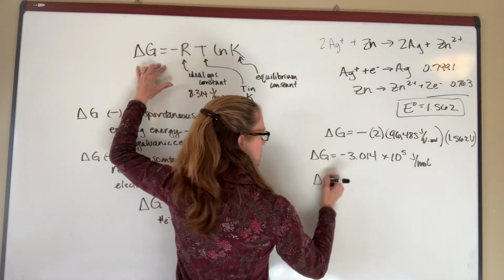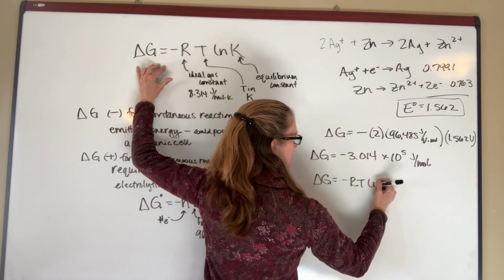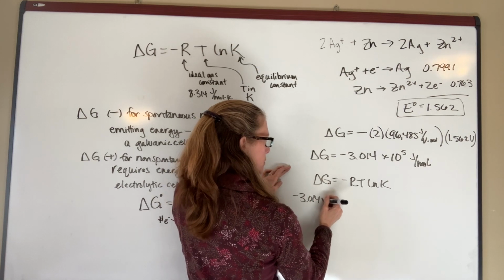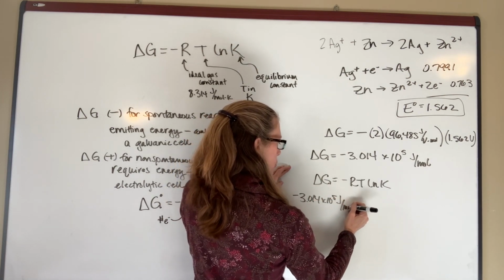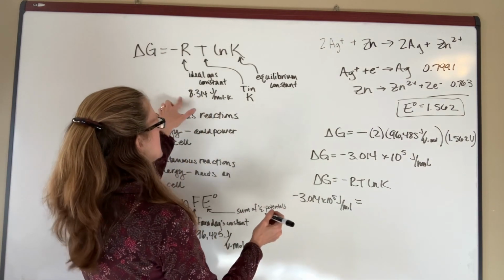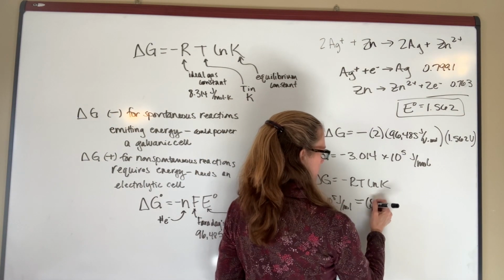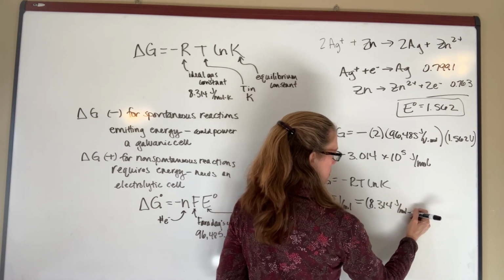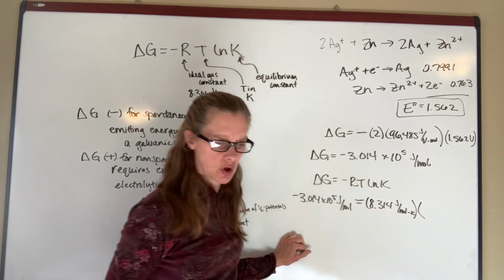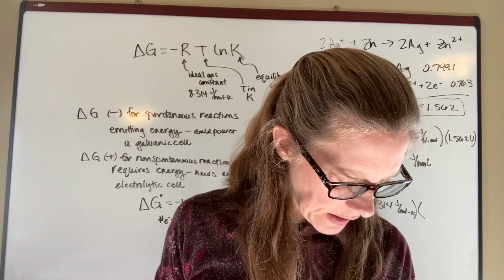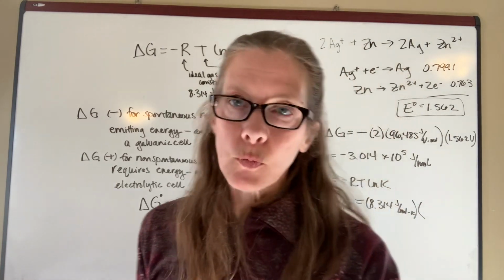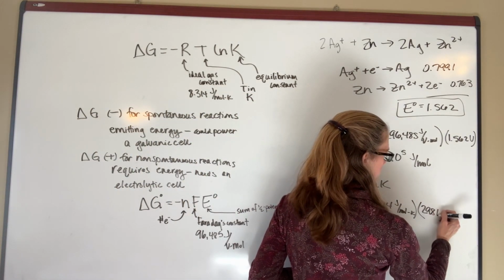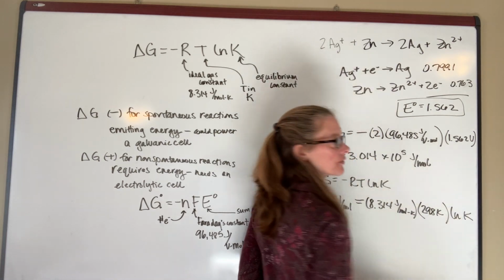So if I have delta G equals negative RT natural log of K, negative 3.014 times 10 to the 5th joules per mole equals negative the ideal gas constant, 8.314 joules per mole Kelvin, times the temperature. We're doing things under standard conditions, which is 25 degrees Celsius, so the temperature is 298, times the natural log of K.